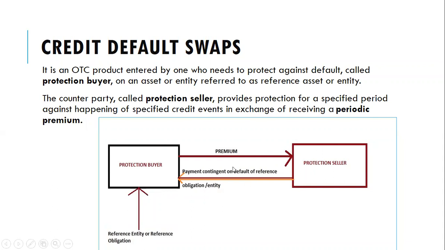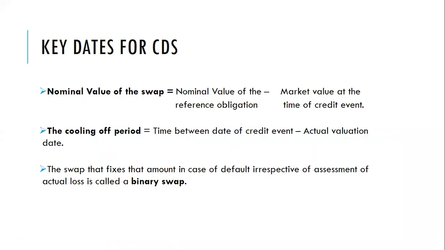Otherwise the protection seller's gains are nothing but the premiums they have obtained from the protection buyer. A key aspect is the nominal value of the credit default swap, which is the obligation or reference that you are considering, its value, and the market value at the time of the credit event.